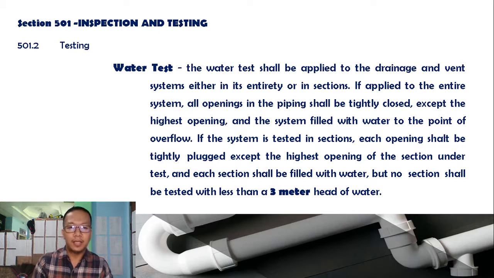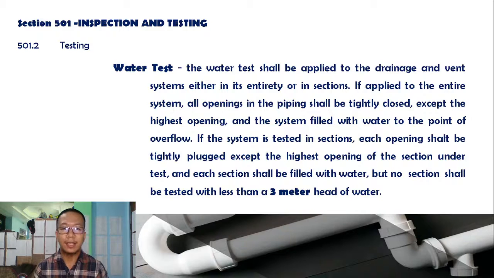So, the water test shall be applied to the drainage and vent systems either in its entirety or in sections. If applied to the entire system, all openings in the piping shall be tightly closed, except the highest opening, and the system filled with water to the point of overflow.